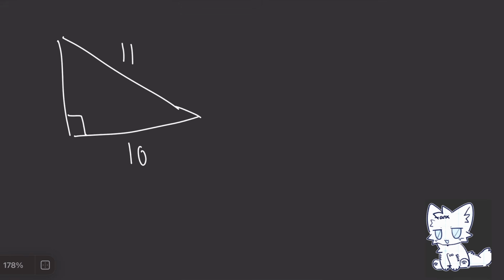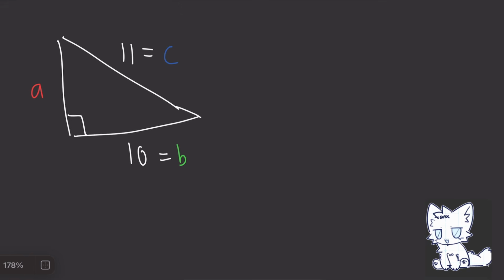All right, let's define our values. We know that the longest side is equal to c, c being the hypotenuse. And let's just pick one, a or b. I'll pick b. So now we're asked to find a.